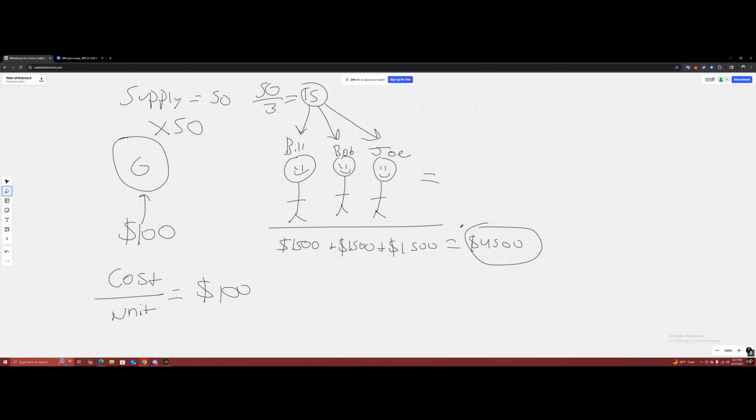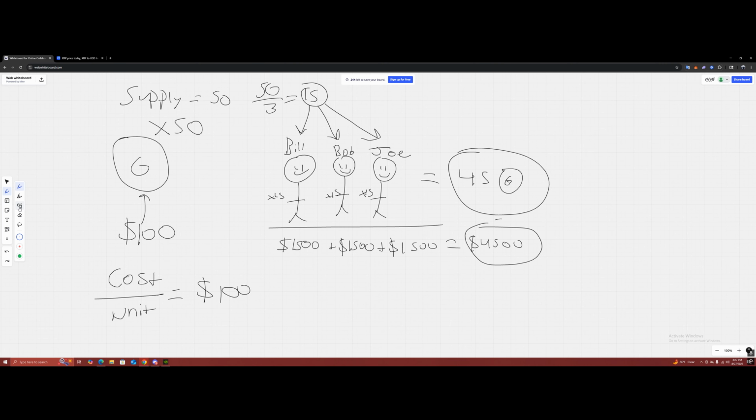So their investment of 45 G coins, 15 each. I'll even write this out: 15 plus 15 plus 15 equals 45 G, 45 G coins, which is equal to $4,500. Hopefully y'all are following me by now.